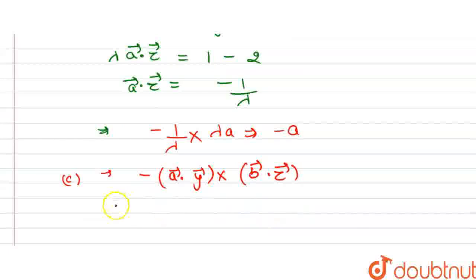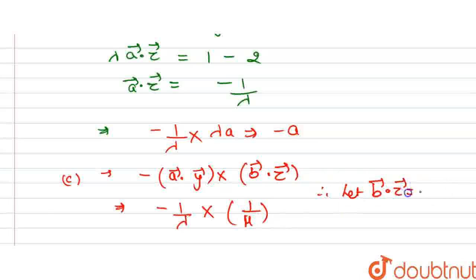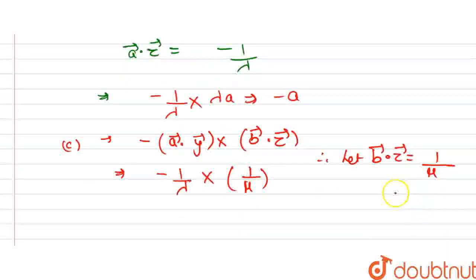We have calculated the value of this is 1 by lambda and let this be equal to 1 by mu. So we can let here b vector into z vector equal to 1 by mu. So now solving this we get here minus 1 by lambda mu.